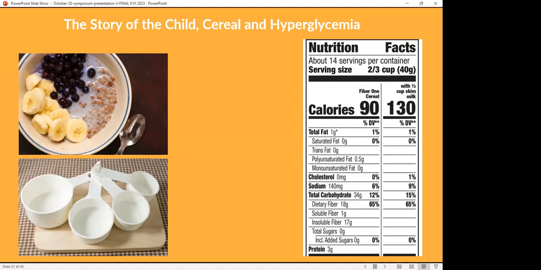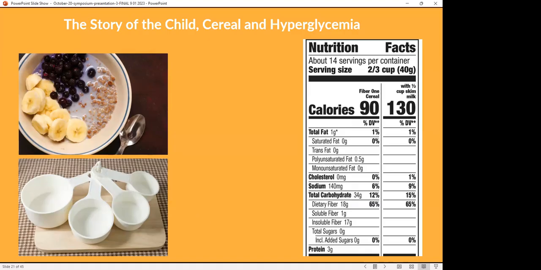So I said, okay, not a problem. She was giving her child cereal in the morning, and as a dietitian, I usually have measuring cups, as many dietitians and diabetes educators do. 1/4, 1/3, and half a cup and 1 cup measuring cups.